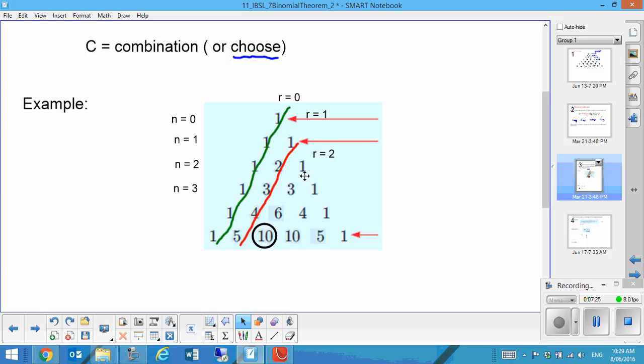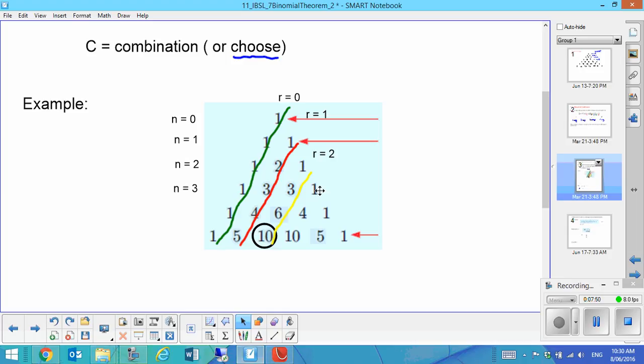Then on this next row here, let's go yellow. So this row here is where they all have 2 of the second term, so it was like a b squared. And then we saw in our cubic, the last one is where we've got b cubed.